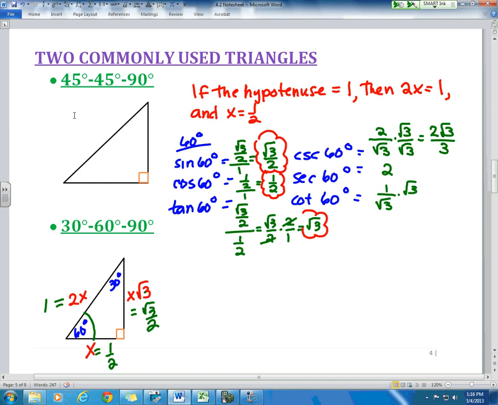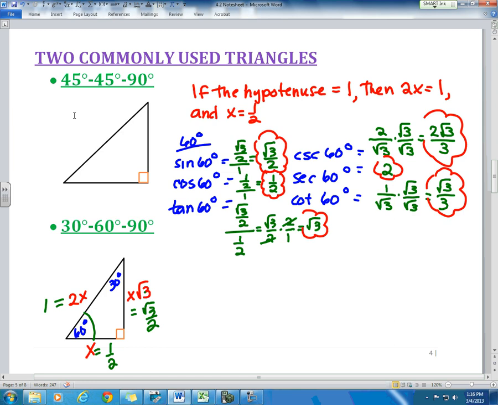And if we rationalize, we get radical 3 over 3. So the 3 remaining trigonometric functions in rationalized simplified form are 2 radical 3 over 3, 2, and radical 3 over 3. Again, you should definitely know these values for a 60-degree angle.